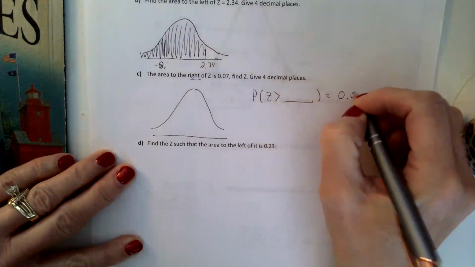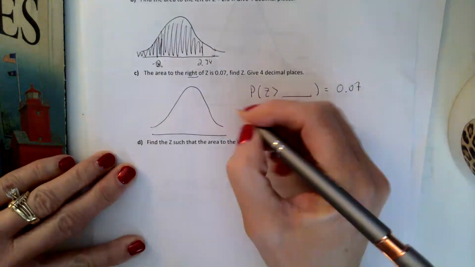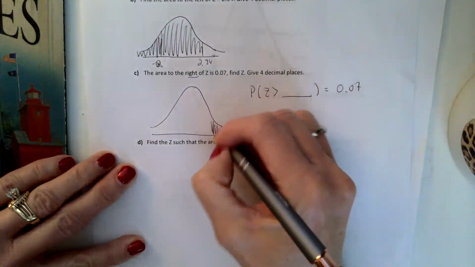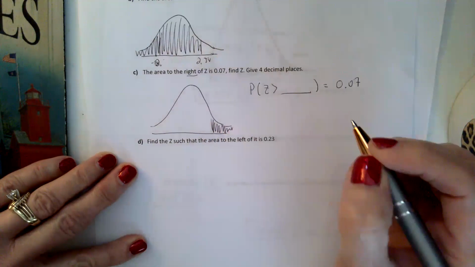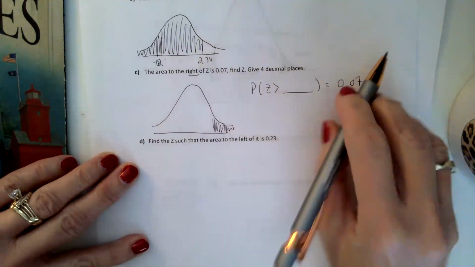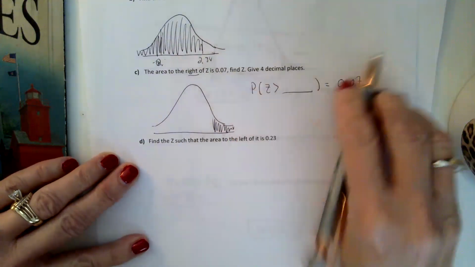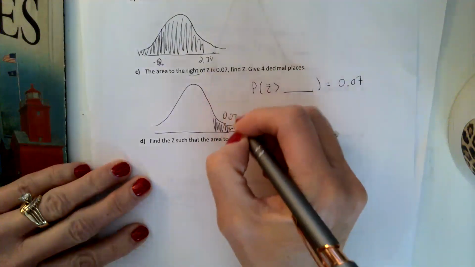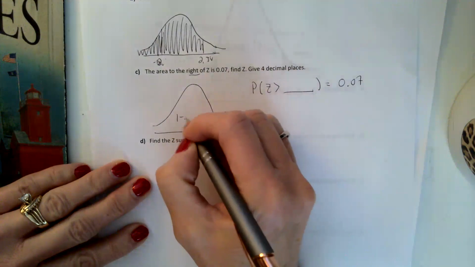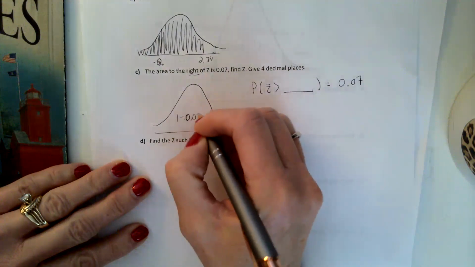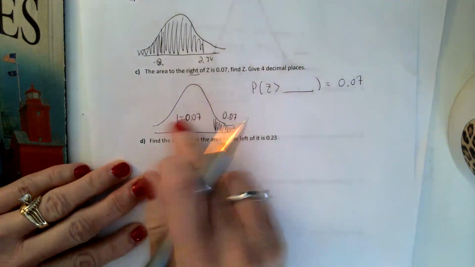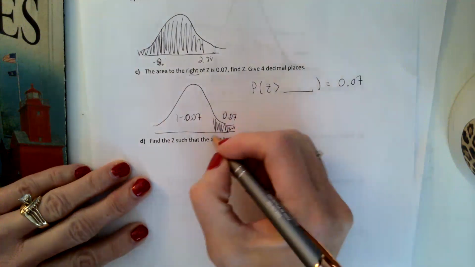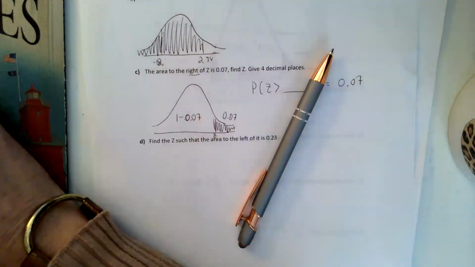And that area is 0.07 out here. And so what we are going to have to enter into Desmos is 1 minus 0.07, because we have to enter left area and we want to know the Z that goes with that.